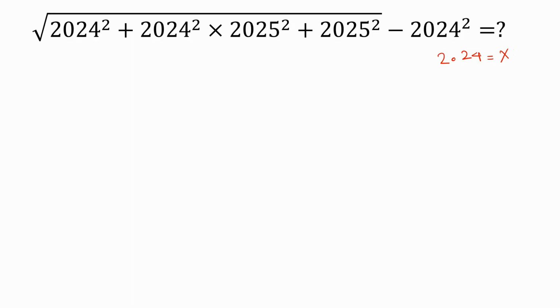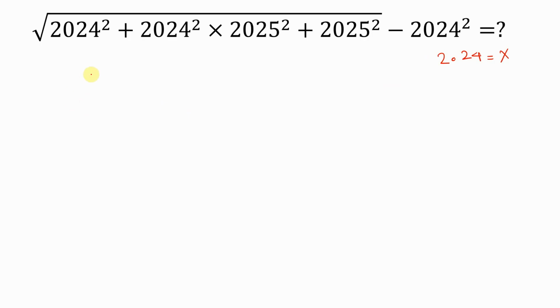So whenever I see 2024, I rewrite it as x, and instead of 2025 I rewrite it as x plus 1. In this way we can easily understand the different terms of this equation.